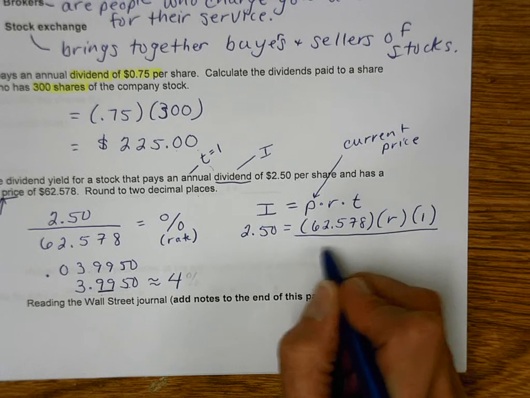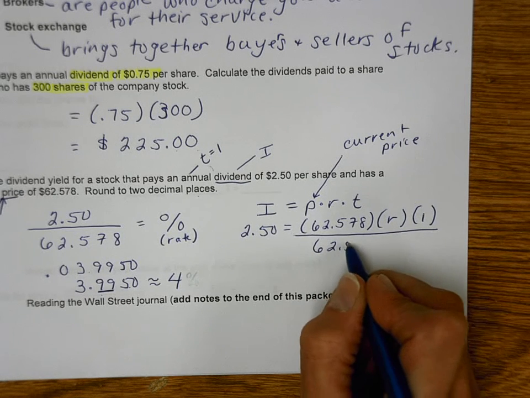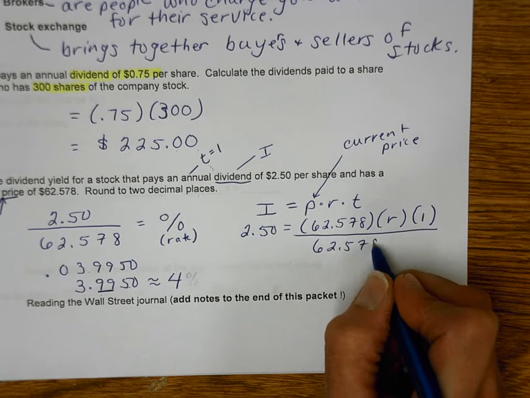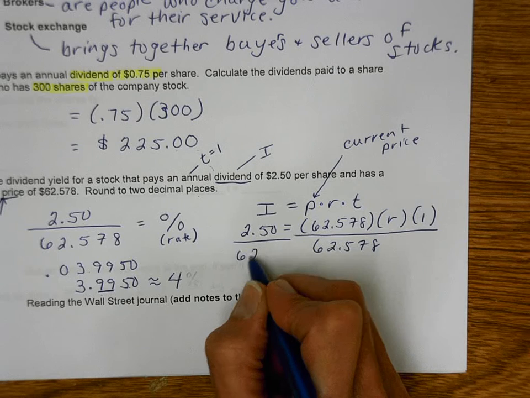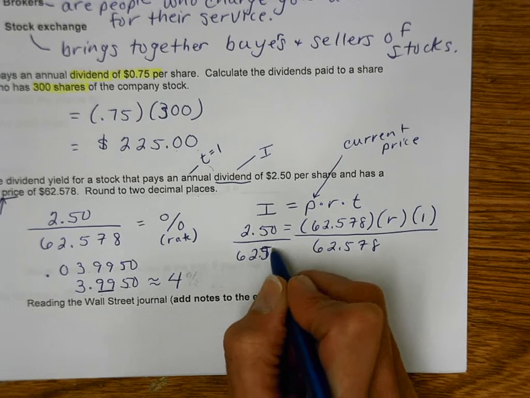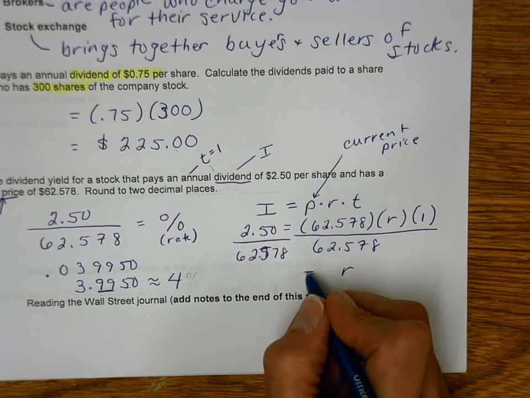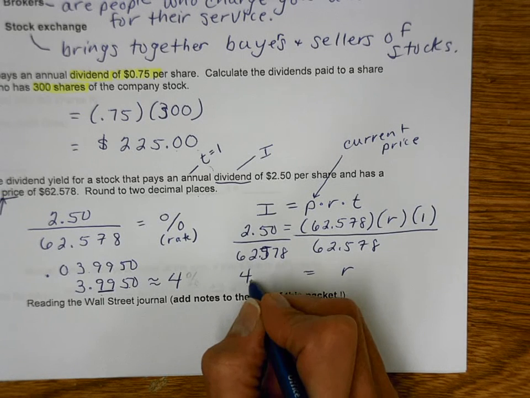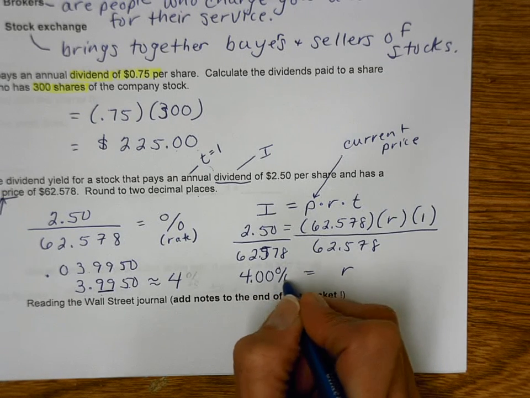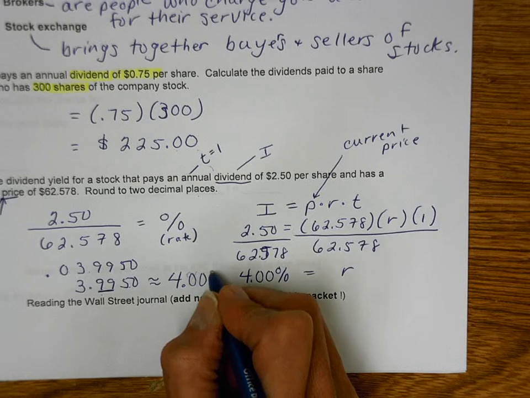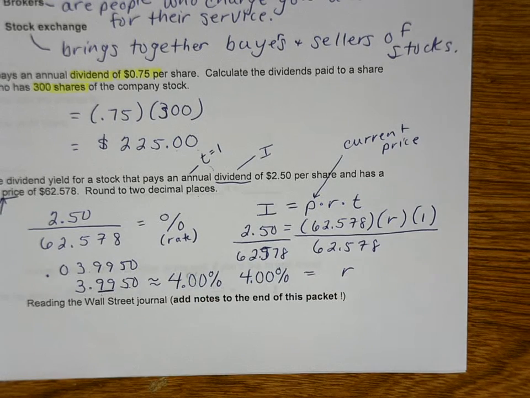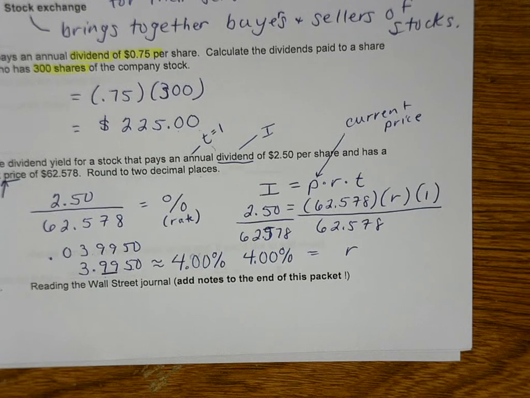And now if I divide both sides by 62.578, I have exactly what I have over here now, don't I? So we've got 4.00%. There we go. So you can use either formula, it doesn't matter.